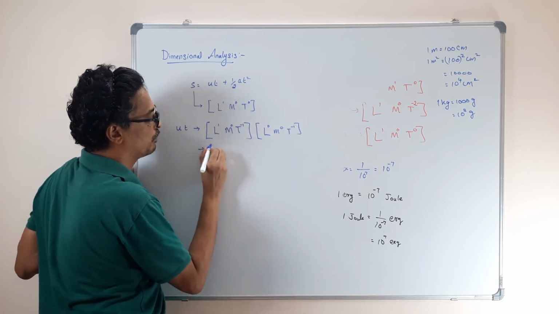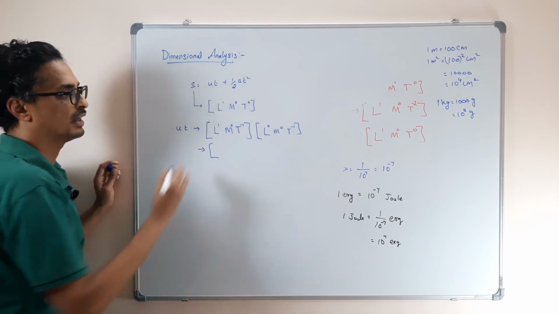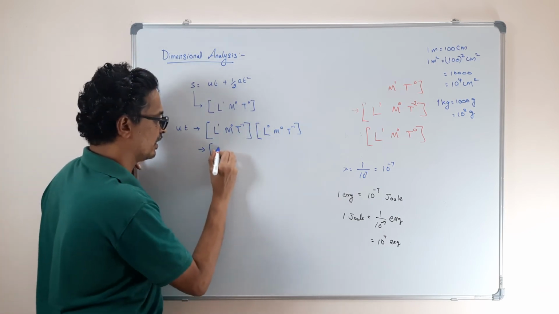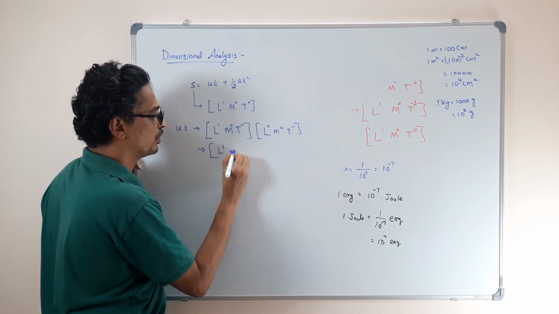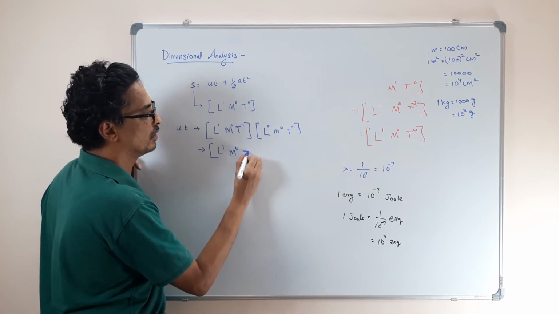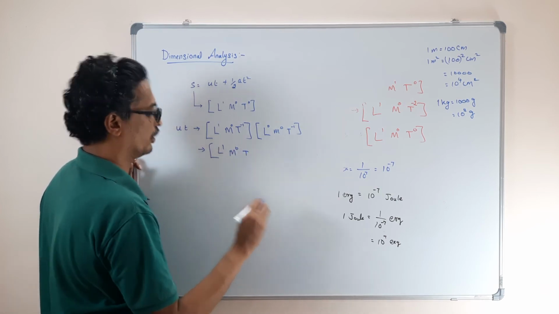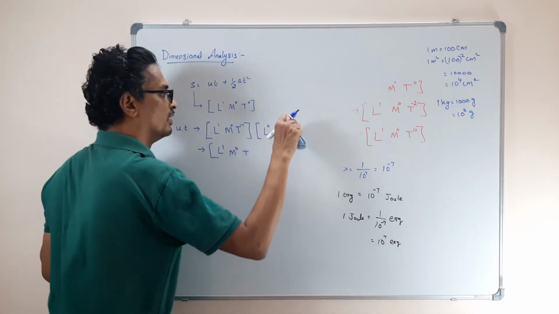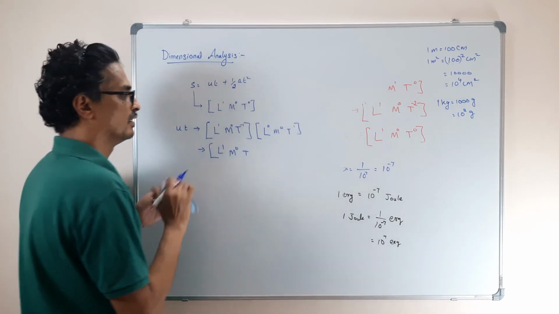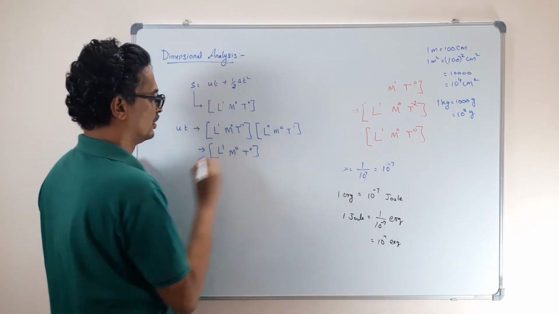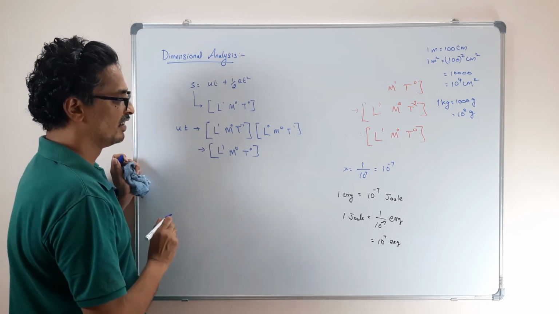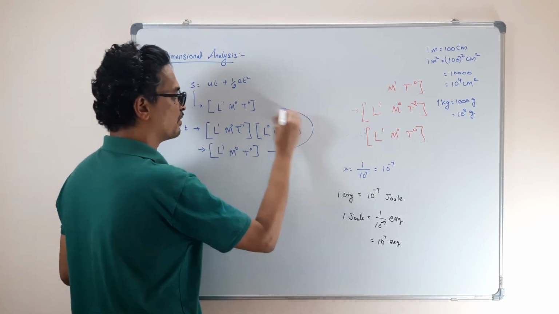When you multiply these two, what will we have? L1, M0... Oops, sorry, this is 1, right? This is 0. Are we getting the same dimension? You got it? So this is getting the same dimension.